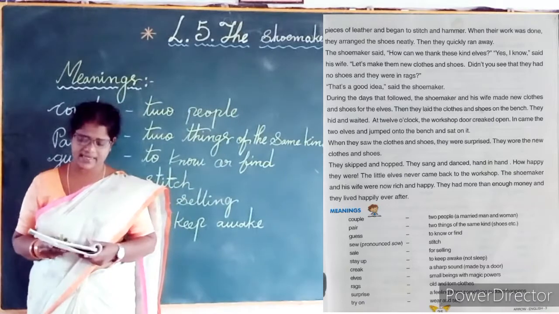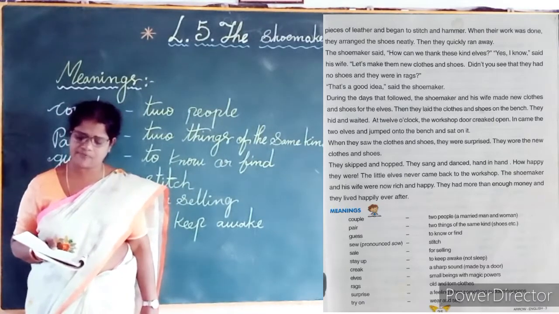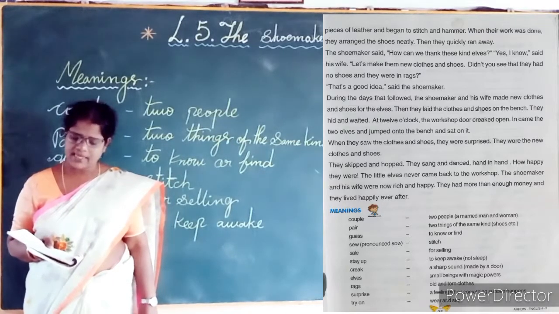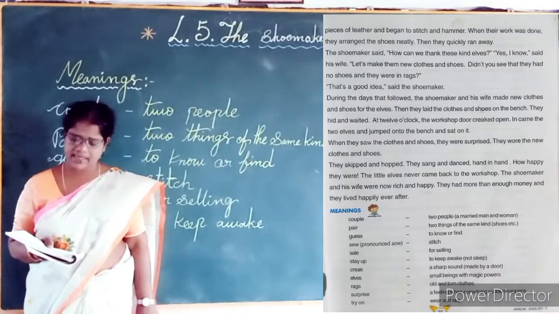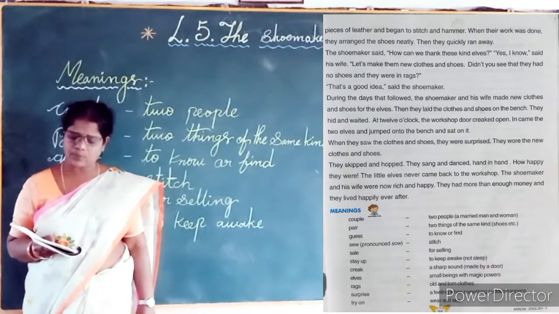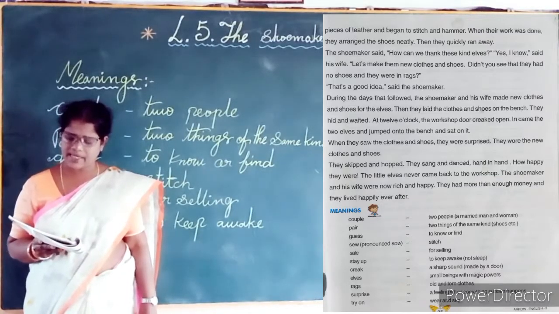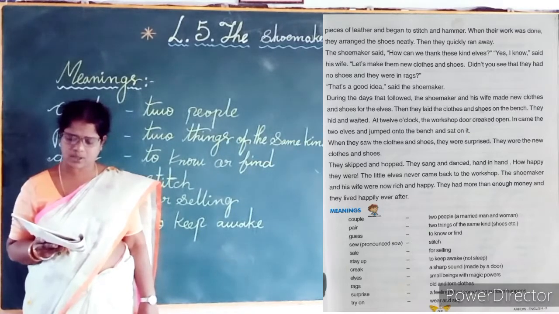We will make them like that. During the days that followed, the shoemaker and his wife made new clothes and shoes for the elves. Then they laid the clothes and shoes on the bench and they waited. At 12 o'clock, the workshop door cracked open. Two elves came and jumped onto the bench and sat on it.